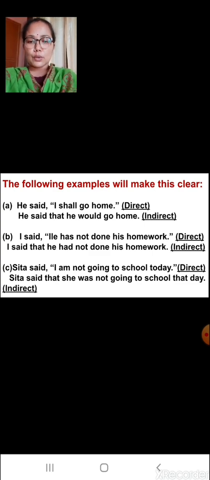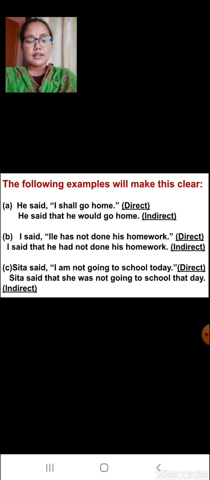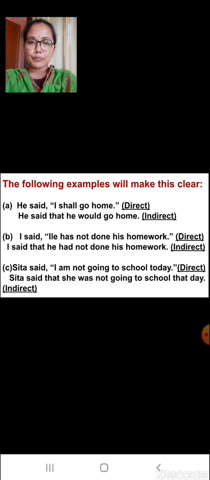Now the third one. Sita said, "I am not going to school today." So this statement is again in direct speech. Now the same statement in indirect speech, how we will write: Sita said that she was not going to school that day.